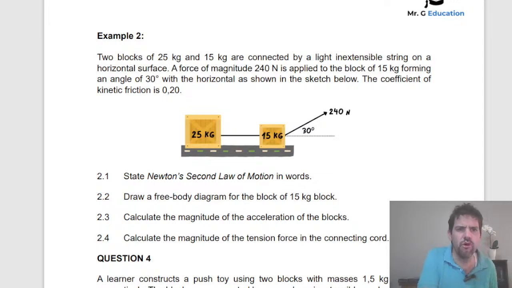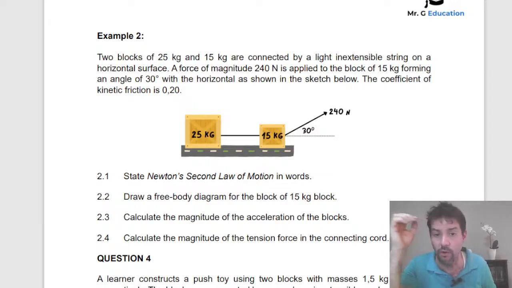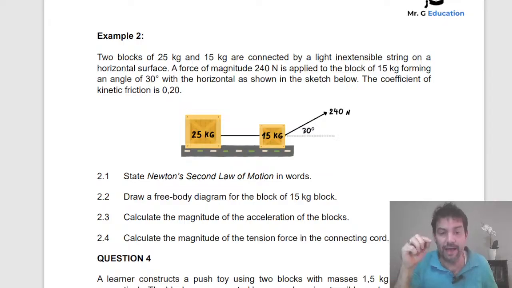Now, let's say two blocks of 25 and 15 kilograms are connected by a light inextensible string on a horizontal surface. So you have the two blocks on the surface. A force of magnitude 240 Newton is applied on the block of 15 kilograms, forming an angle of 30 degrees with the horizontal. I want to point out that the applied force, that 240 Newton, is only acting on the 15 kilogram block.